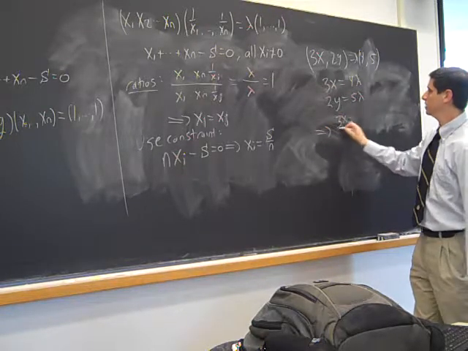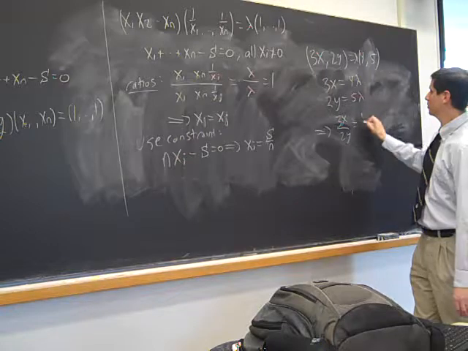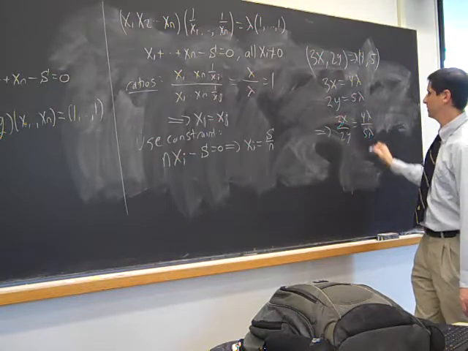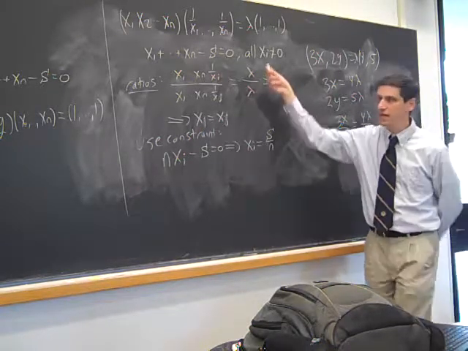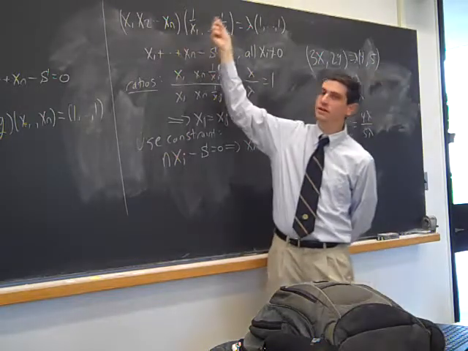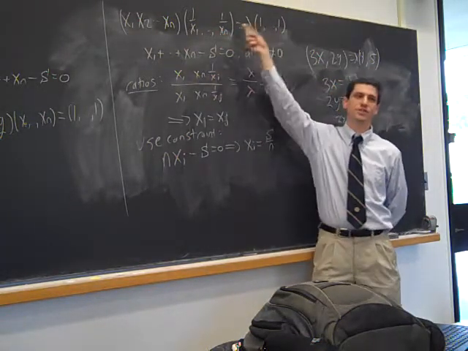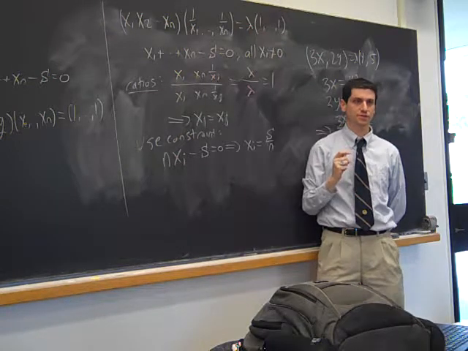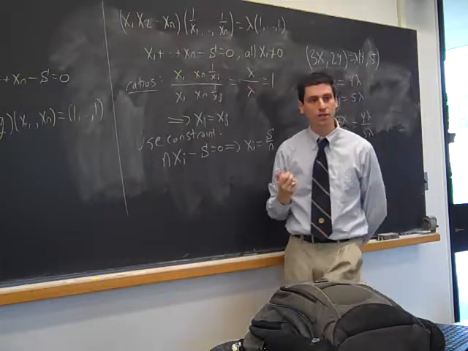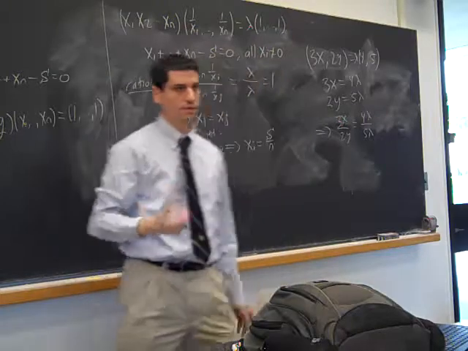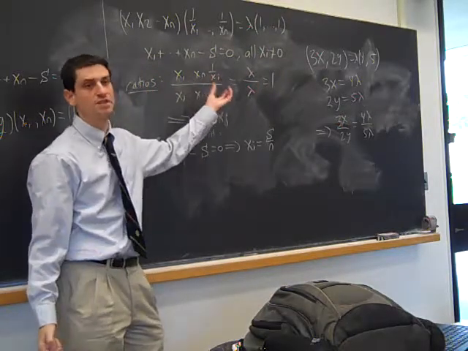Therefore, 3x over 2y equals 4 lambda over 5 lambda. That's exactly what we're doing here. We have n equations. The first component equals this, the second component equals this, the third component equals this. So the only way they can all be equal is, it turns out, if all the x's are the same.